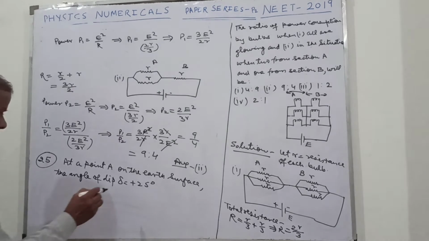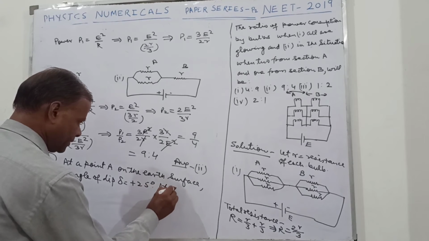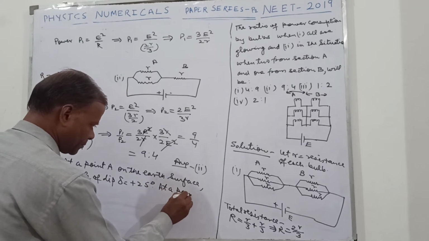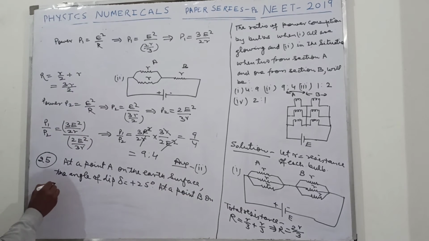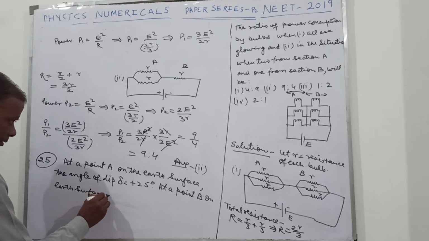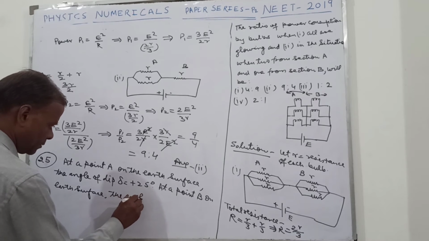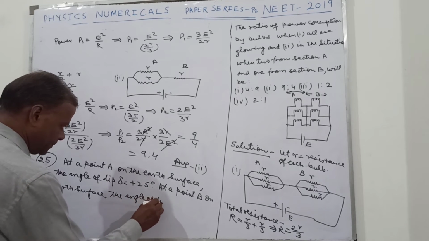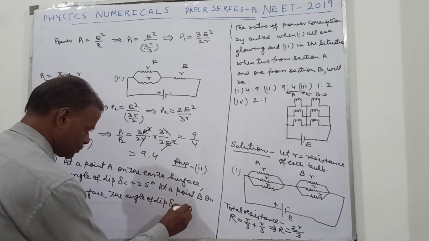At a point B, on Earth's surface, the angle of dip delta equal to minus 25 degree.